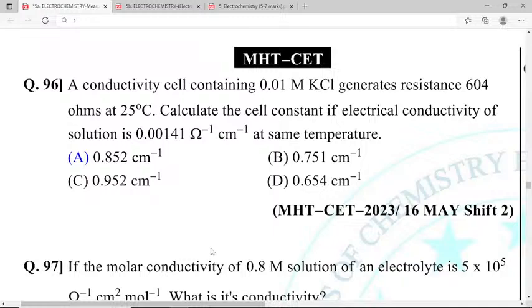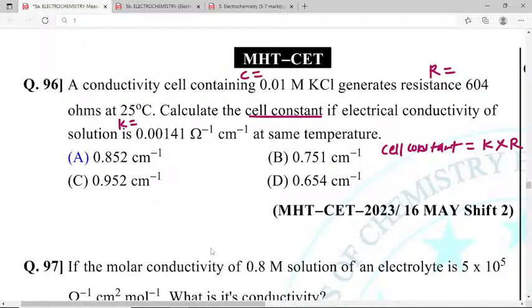A conductivity cell containing the given concentration has resistance R. Calculate the cell constant. The electrical conductivity K value is given. So what is the cell constant? The cell constant is equal to K into R, conductivity multiplied by resistance.